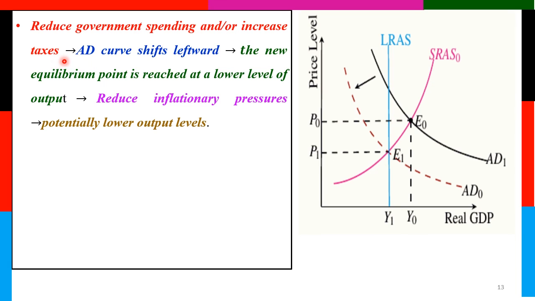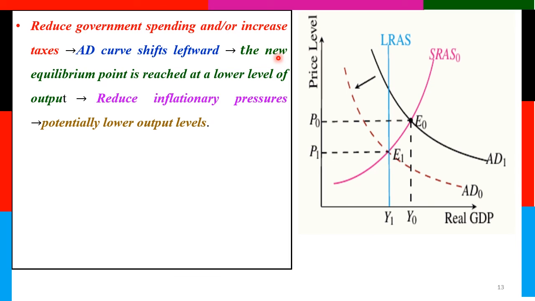At that time, the aggregate demand curve shifts leftward. From what? From this black line to this red dotted line. The demand curve shifts inwards or to the left. Then it becomes the equilibrium or the potential point.